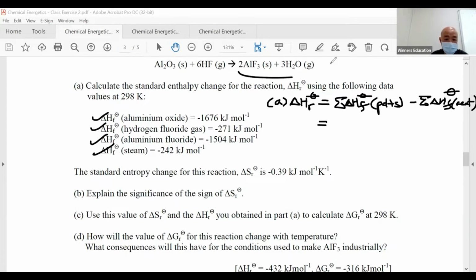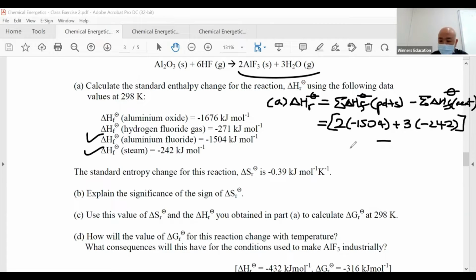All right, so what's the product? This side is the product. So I will just show this second line onwards, straight to the point. All right, minus 1504 for the AlF3, right? I'm going to use this value. How many? 2 moles. Plus 3 water. Where's the water? Or steam? 3 times minus 242. All right, use as many brackets as you want so that you don't get sabotaged by the negative sign.